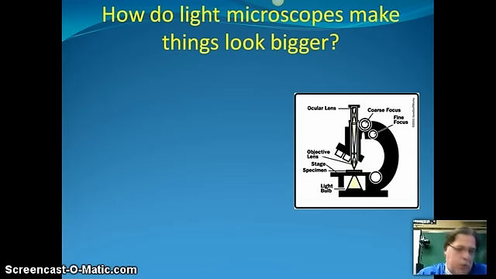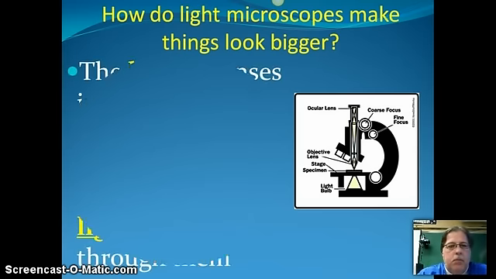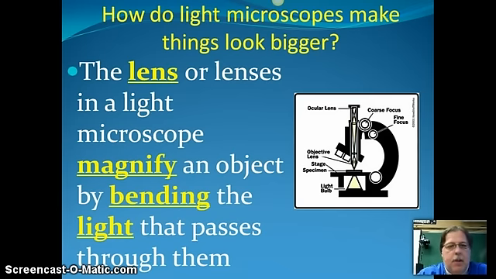How do light microscopes make things look bigger? Well, the lens or lenses in a light microscope will magnify the object by bending the light that passes through them. You do not have to write this part down. Okay? You can do this slide again in 9th grade. But right here we have a light bulb and the light coming through here.